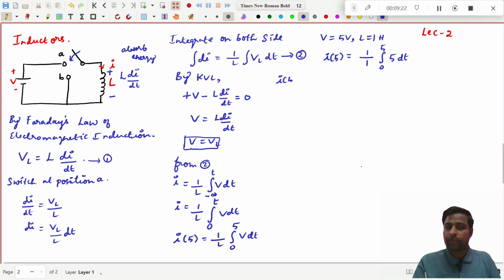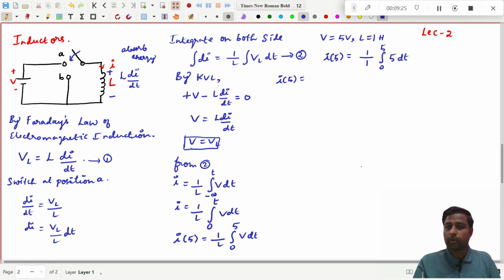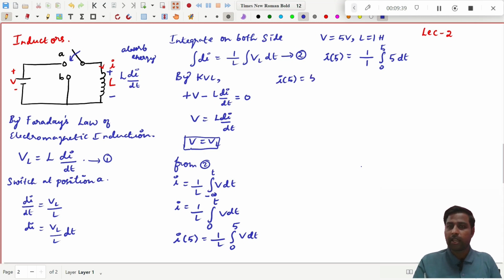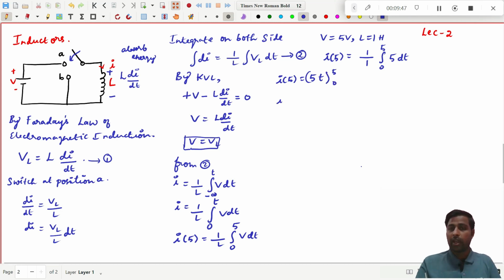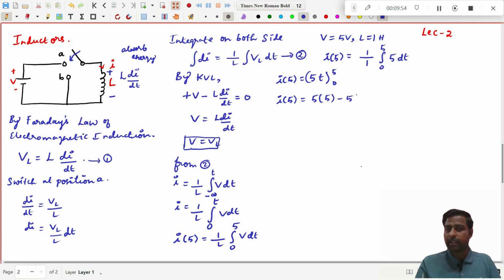I of 5 will be equal to 1 by 1 becomes 1, and this term becomes integration of 5 into dt. This is actually a constant value. So if you integrate with respect to t, it becomes 5t, and the limits of the integration are 0 to 5. So I at 5 seconds will be equal to 5 into 5 minus 5 into 0.